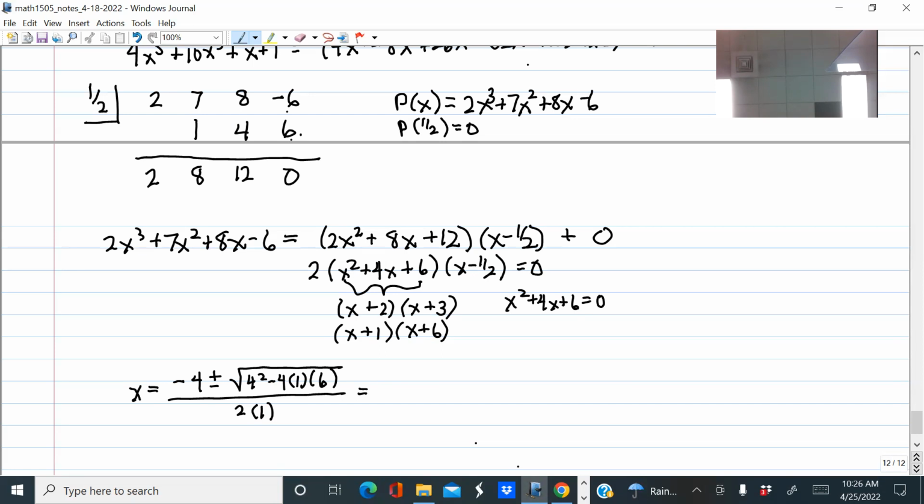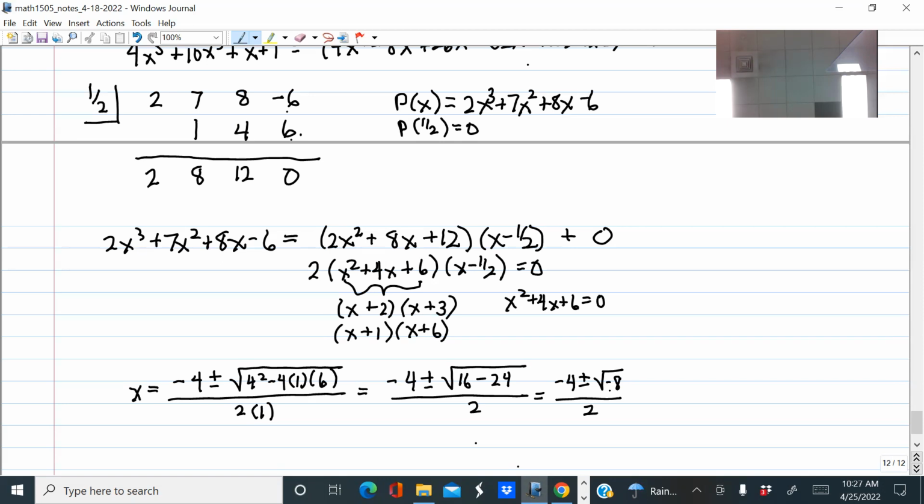Oh, darn it, but things are going to go horribly astray here, right? Because what happens under the square root? We end up with 16 minus what? That looks like 24, doesn't it? Over 2. So you have minus 4 plus or minus, darn it, the square root of 16 minus 24. That's minus 8.